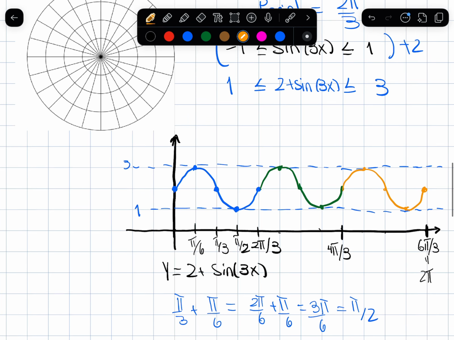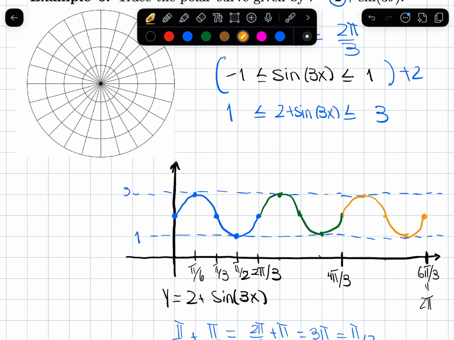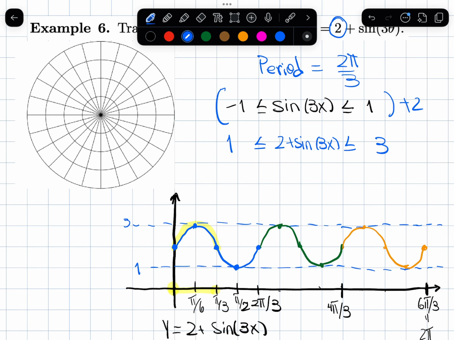So we're using this. So what is in fact happening to this? Let's look at one piece of this at a time. From 0 to pi over 3, we have a distance of 1 that increases to 3. So right here I'm going to start with this at 1, and that distance increases all the way to 3 at pi over 6.